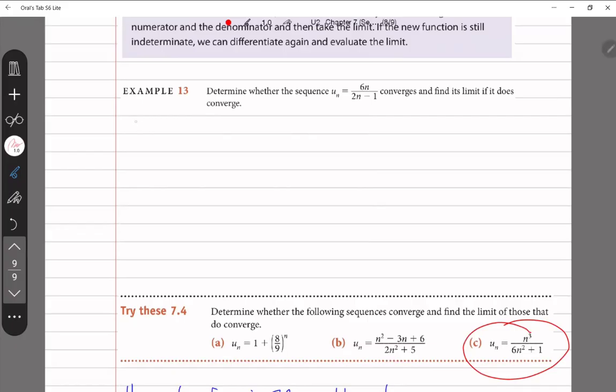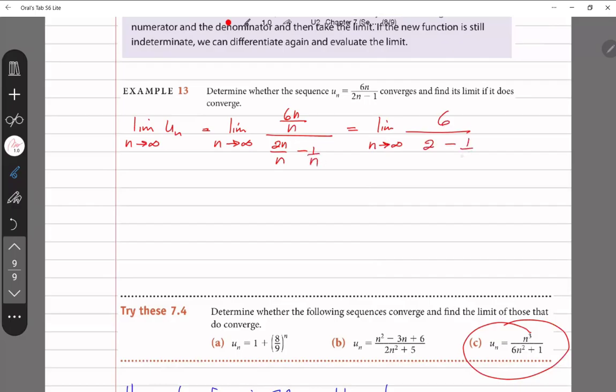To determine if it converges, we need to find the limit to infinity of un, which would be equal to the limit as n approaches infinity of 6n over n, 2n over n minus 1, which would be the limit as n approaches infinity of 6 over 2 minus 1 over n.